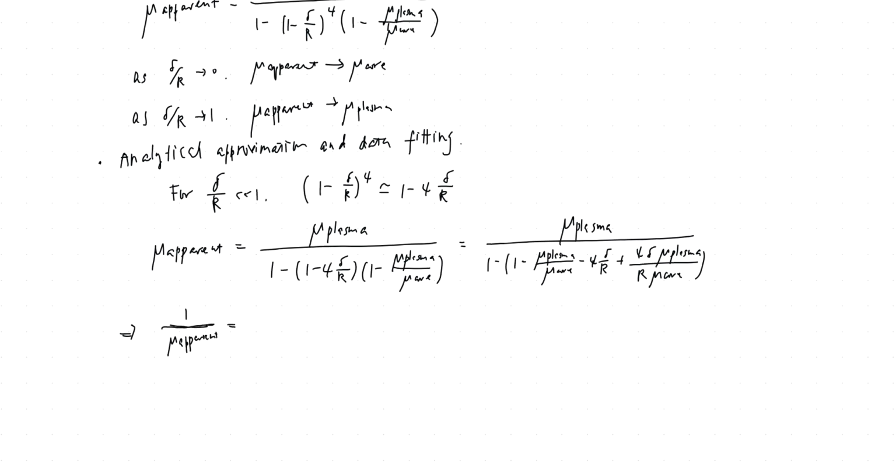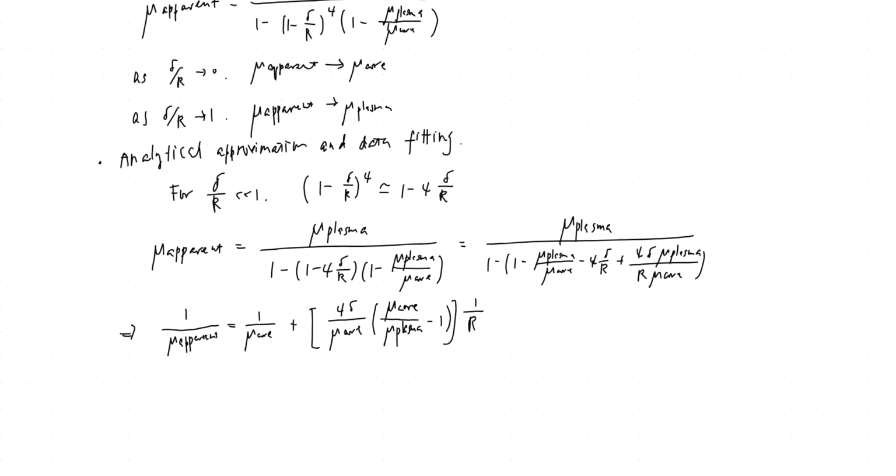equal to 1 over mu core plus 4 delta over mu core, multiplied by mu core divided by mu plasma minus 1, multiplied by 1 over R. Now you look at this.